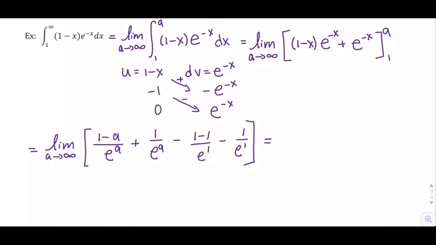So we get 0, and in that second term, as a goes to infinity, this whole thing would go to 0. The third term is equal to 0, and the fourth term is negative 1 over e. So if we add all those up, I end up with negative 1 over e.